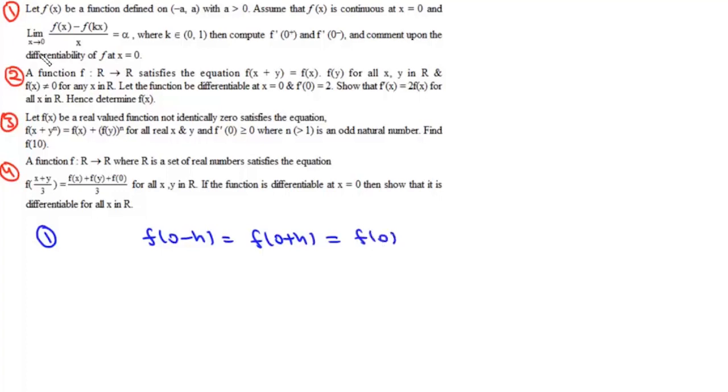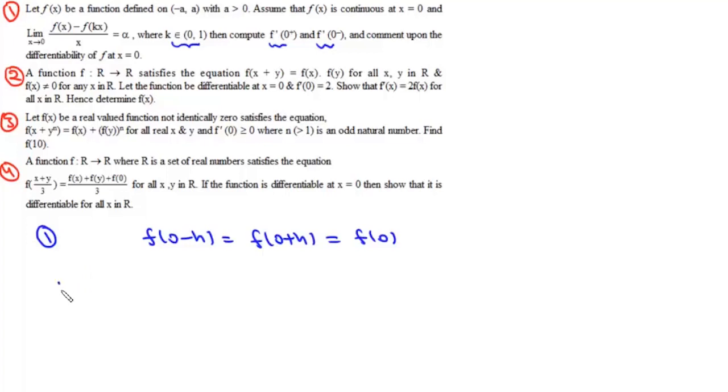It is given that limit x tends to 0 of f x minus f kx upon x is equal to alpha, where k lies between 0 and 1. Then compute f dash 0 positive and f dash 0 negative, and comment on differentiability of f at x equals 0. Now what we'll do is, we'll first solve this limit.